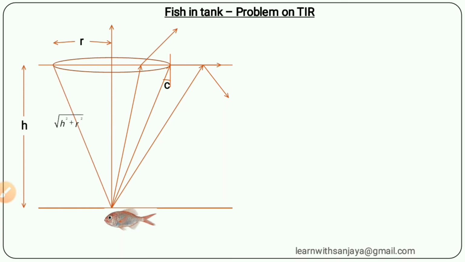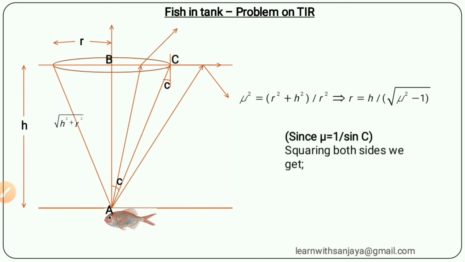Now you can see this right angle triangle where the radius is r and the depth is h, and the hypotenuse is naturally root under h square plus r square, applying Pythagoras theorem. Let's give some names: A, B, C. Here we already know that mu is equal to 1 upon sine C, where C is the critical angle and mu is the refractive index of the water in which the fish is swimming, or the refractive index of the denser medium.